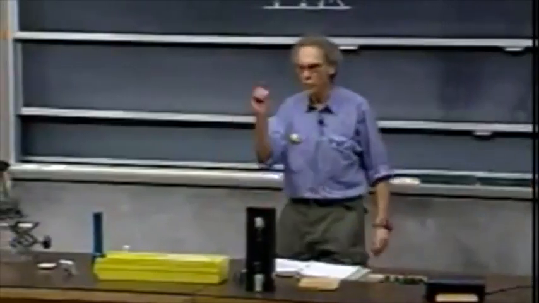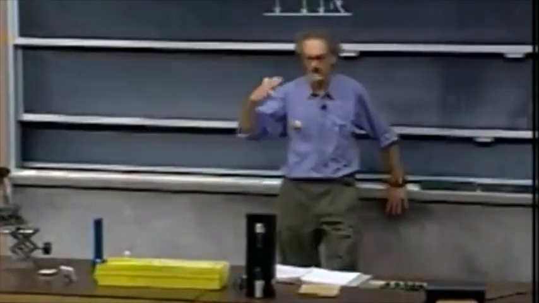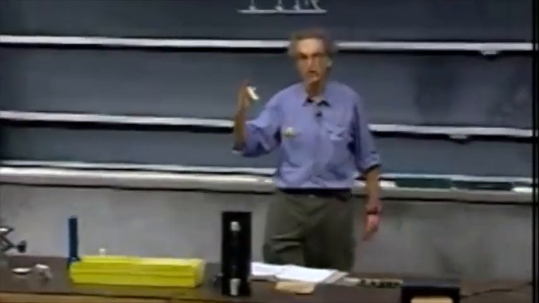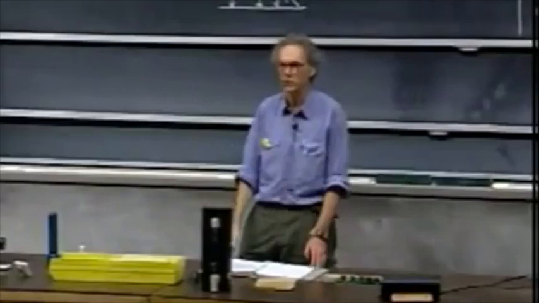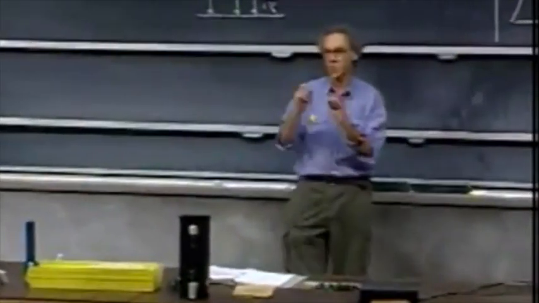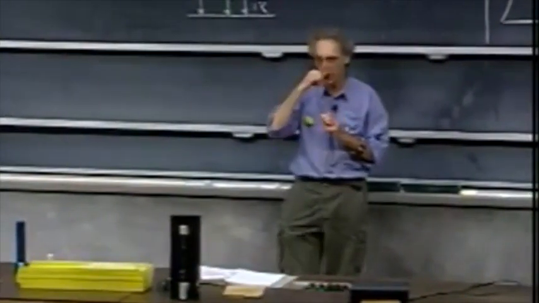The degree to which the velocity is now undetermined is so ridiculously small, it is 3 times 10 to the minus 34 meters per second, that if you allowed that ball to move with that speed, in 100 billion years, it would move only 1/100th of a diameter of an electron.